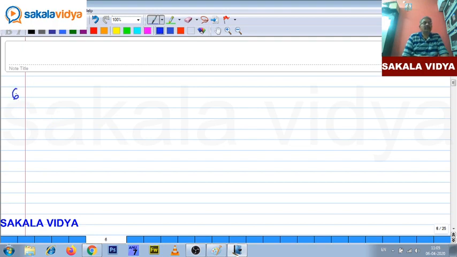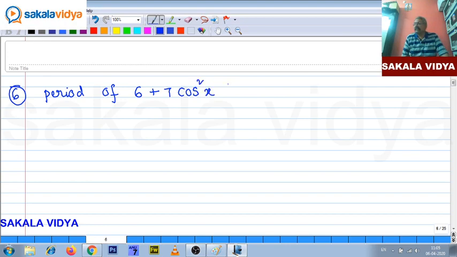Now the sixth question, let us move to the sixth question. Period of 6 plus 7 cos square x equals to: first option 2 pi, second option is pi, third option is pi by 2, fourth option is 2 pi by 3.